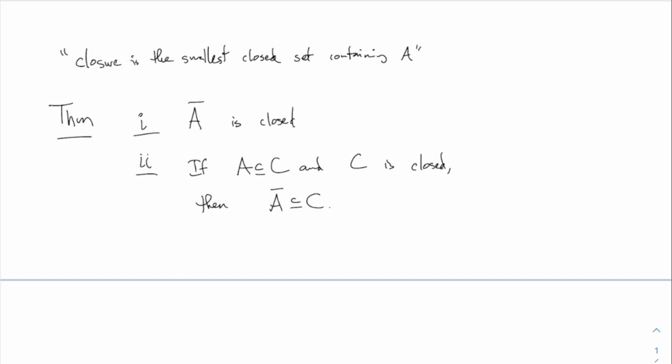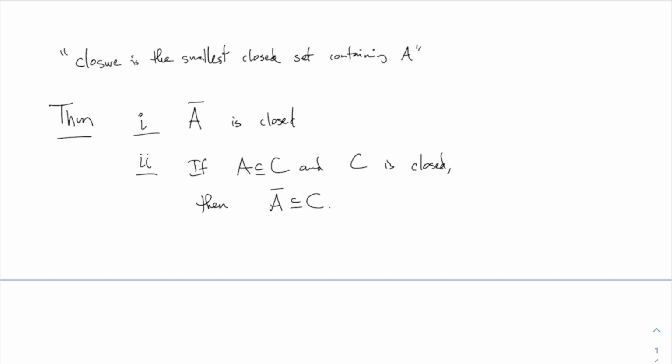This is the smallest. I don't know if it's obvious reading those words why this means something about smallest, but it says if I have some closed set, then A bar is smaller than that. This is basically what that means.